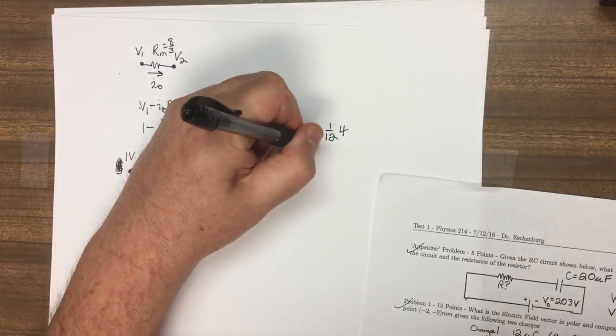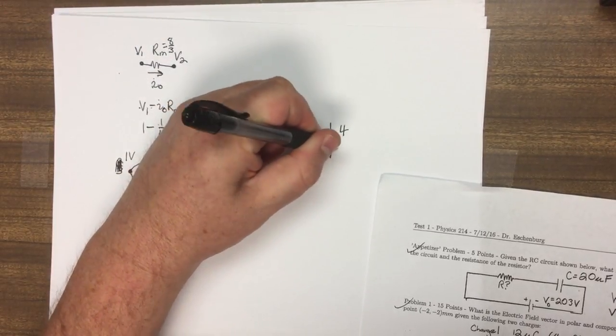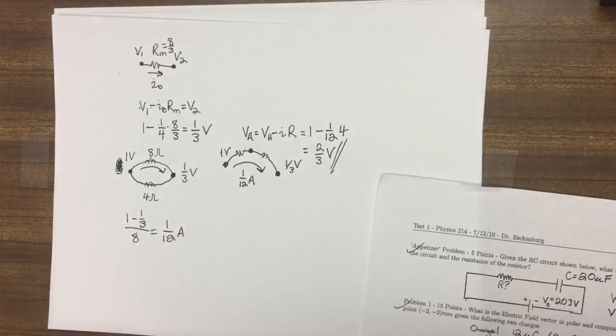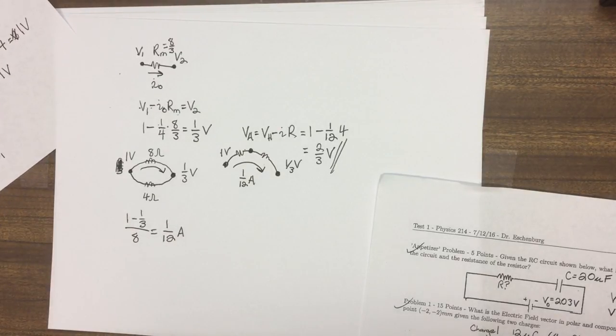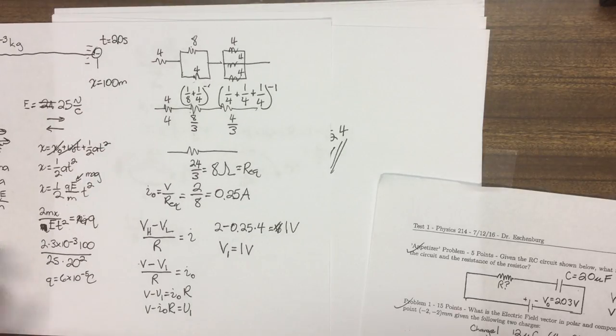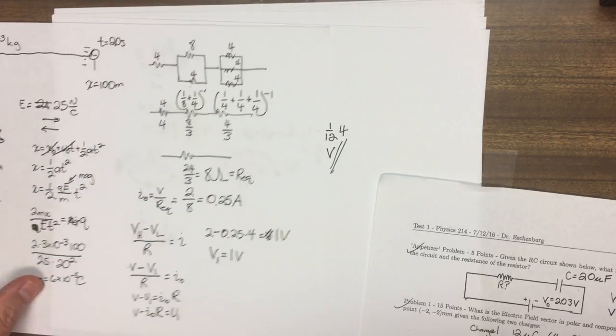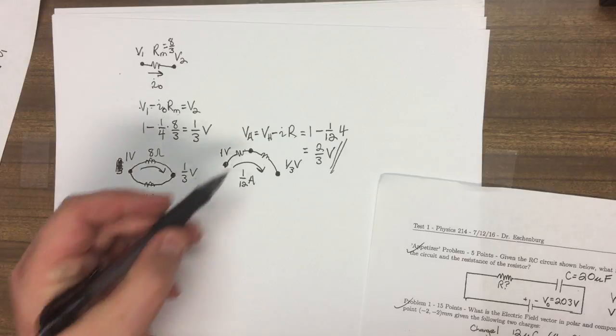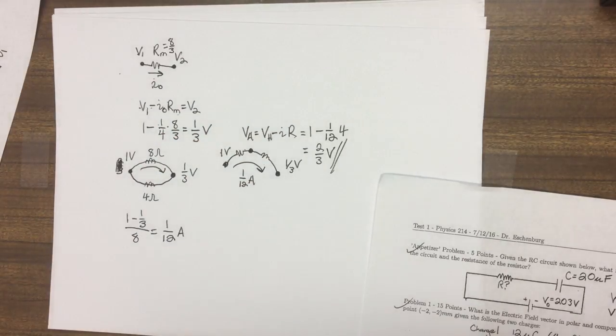So this would be 2/3 of a volt. And so that's the answer. Equivalent resistance of 8, an I naught of 1/4, and a potential at A of 2/3. And so that is the remainder of the test.